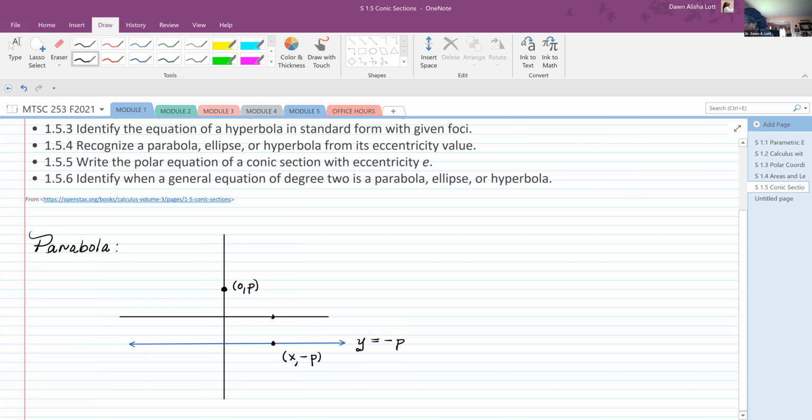And this point right here happens to be (X, 0). So I want to find all the points, the way to develop the equation for the parabola.